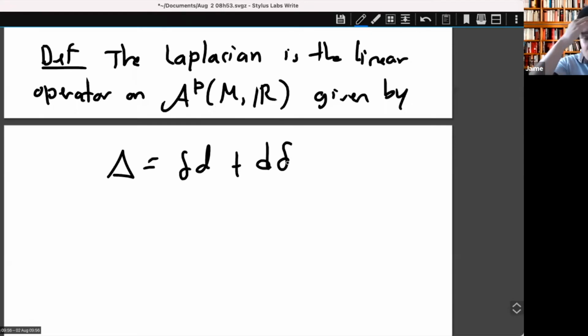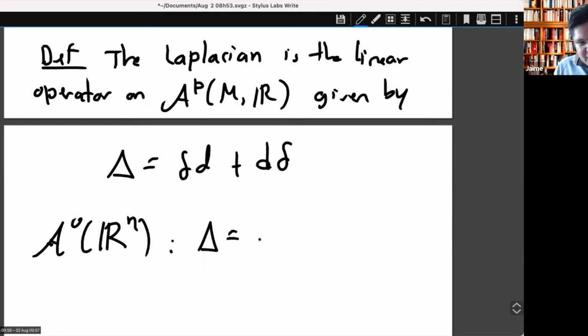Now, for those of you who are thinking, I already know the word Laplacian used for something else in calculus, the reason is that when you take A0 of Rn considered as a manifold, then this Laplacian is actually the Laplacian, okay?